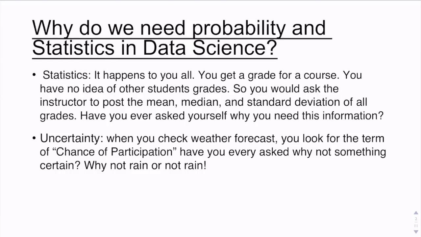We are given tens of terabytes of data, and we are looking for some information and insight in this data. However, nothing is certain, so we need to provide some statistics and also quantify the uncertainty about this data, right?